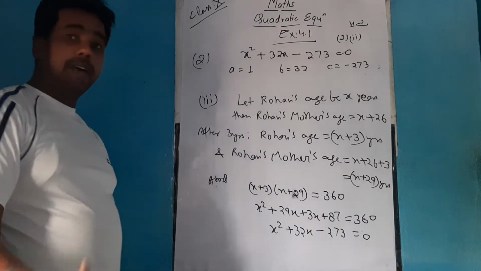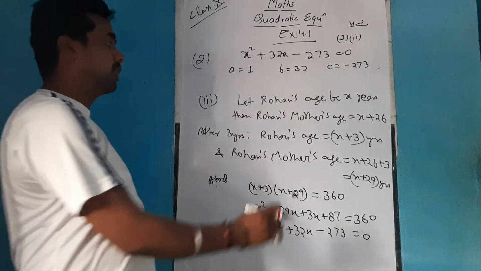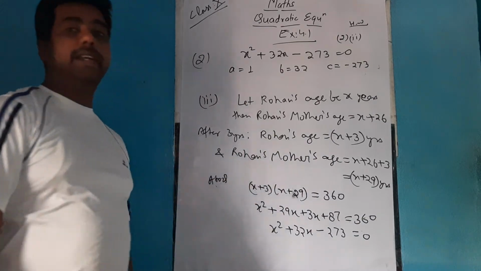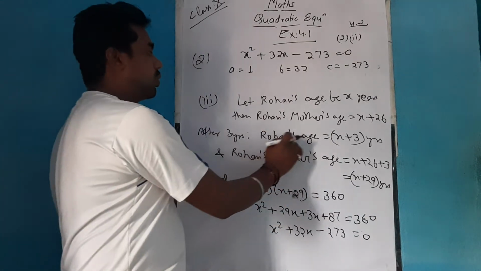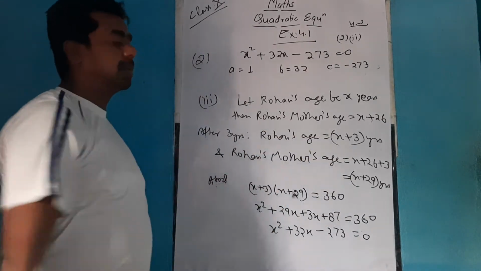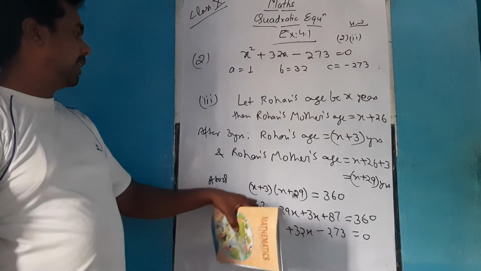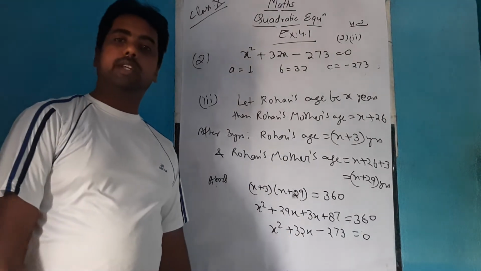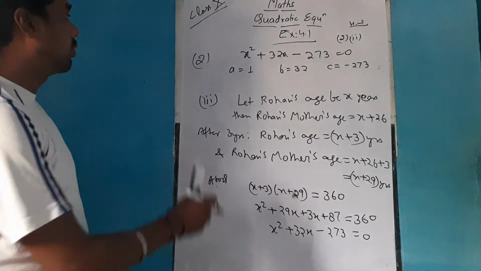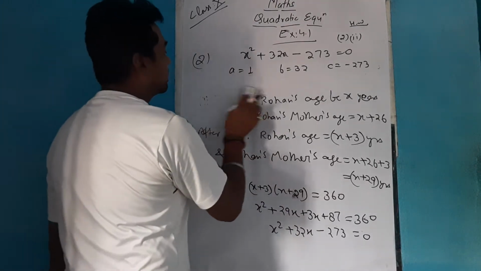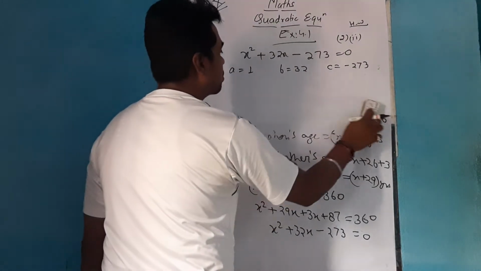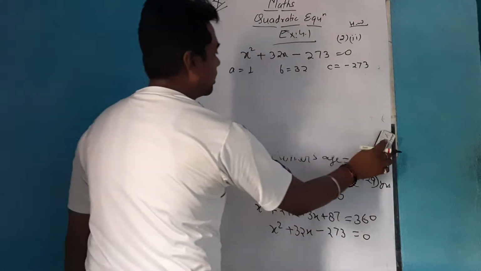The product of their ages after 3 years is 360. So first we find their ages after 3 years: Rohan's age will be x plus 3, then Rohan's mother's will be x plus 29. According to the condition, the product of their ages is 360. So we get the equation x square plus 32x minus 273 equals 0.